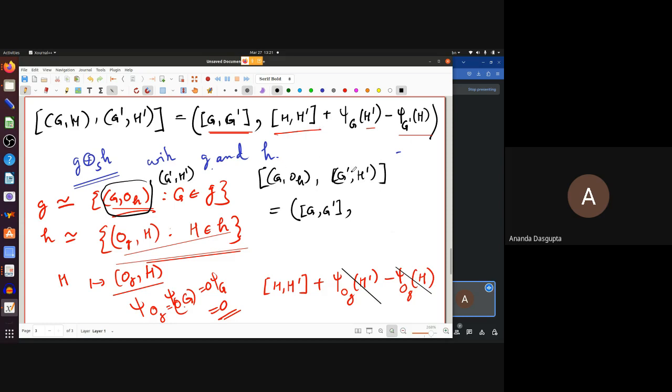Psi G H' will be there. That's not necessarily 0. Psi G' H is 0 because psi G' is a linear map. It acts on 0, it gives you 0. But you will get this, which means that although small g is a Lie algebra, a subalgebra in itself, it's not an ideal. Small g is not an ideal.